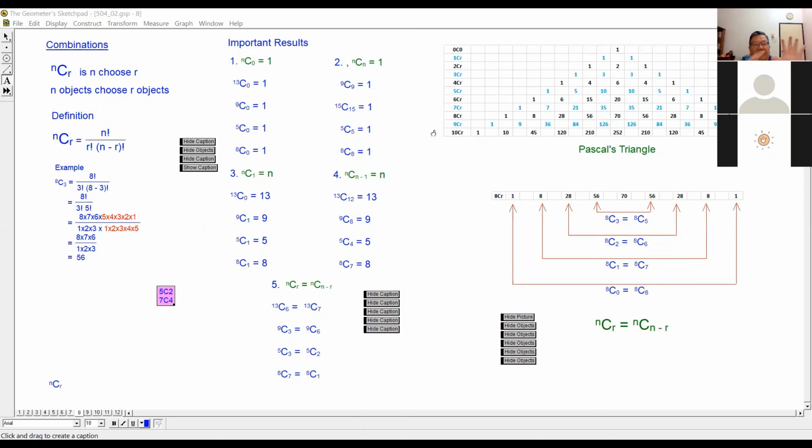Type 7, 6, 5, 4, then divide by how many? 35. Okay, right. So now I show you how to calculate.